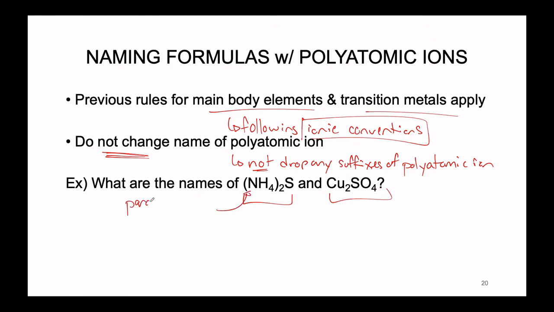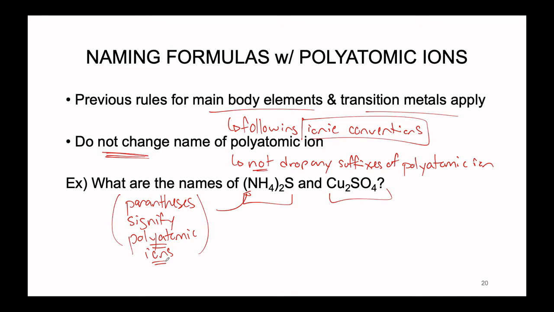Parentheses signify polyatomic ions. So even if you haven't quite memorized the table yet, and you have it sitting next to you, anytime you observe a chemical formula that has parentheses, you are working with a polyatomic ion, and it's safe to look through that table and see if you can find the polyatomic ion in the table.